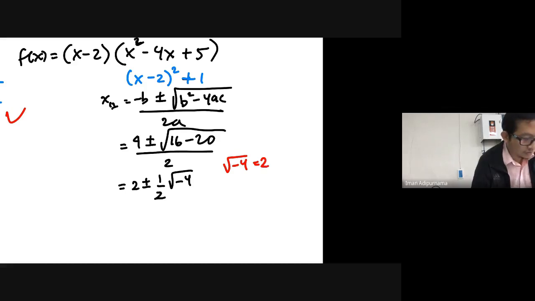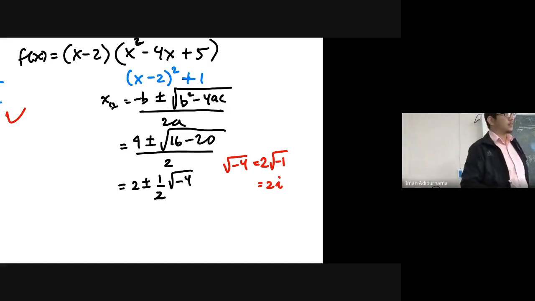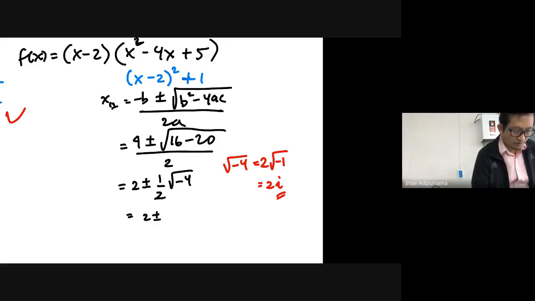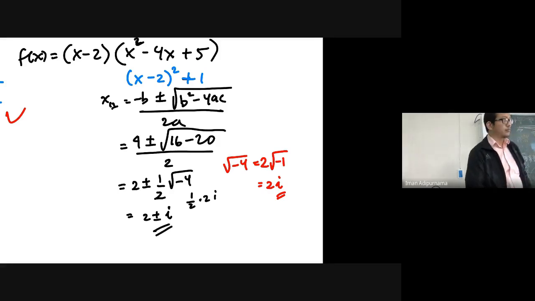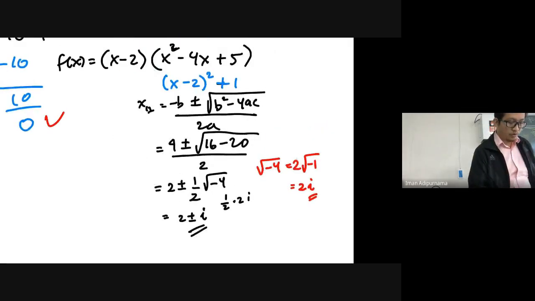So 2 goes out, and inside it still has negative 1. We define this negative 1 as i. I think I mentioned in the early classes about numbers. So you get 2 plus minus i, because it's divided by 2. So we have 2 plus i, and we have 2 minus i.